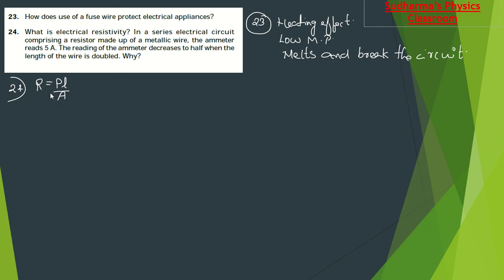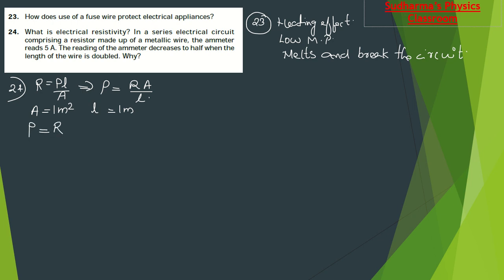Resistance is directly proportional to length and inversely proportional to area of cross section. So from this equation we can write rho equals RA divided by L. If area of cross section is 1 meter square and length is 1 meter, then we get the relation rho equals R.